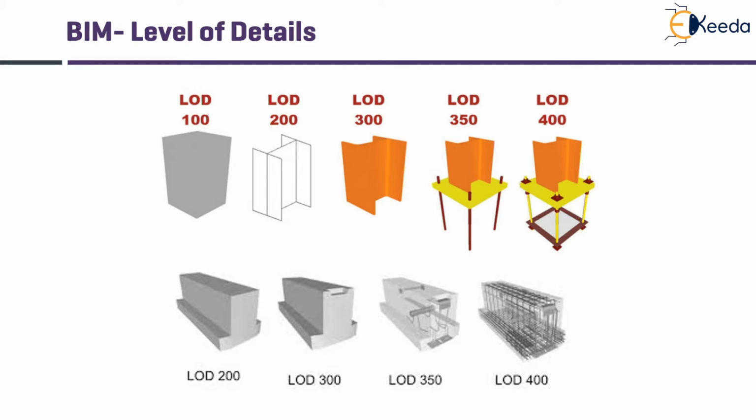LOD 350 tends to show other reinforcement details, whereas LOD 400 shows complete detail of bar bending schedule and any other material that is embedded inside the girder. Thus, we usually work on LOD 300 or 350, that is medium range of details for effective BIM use and coordination.